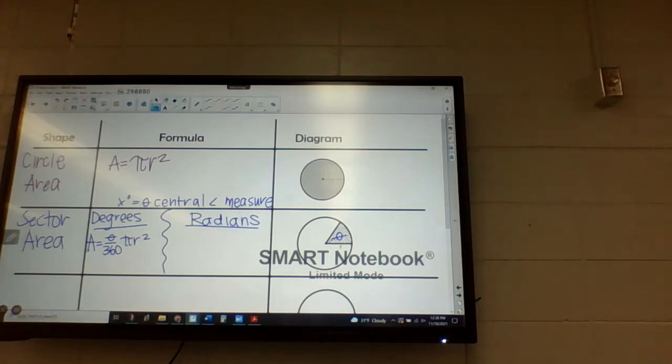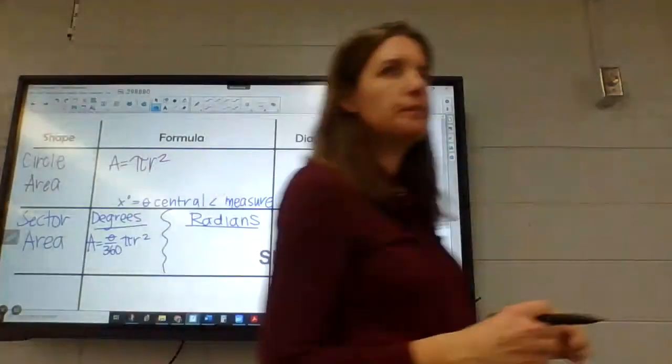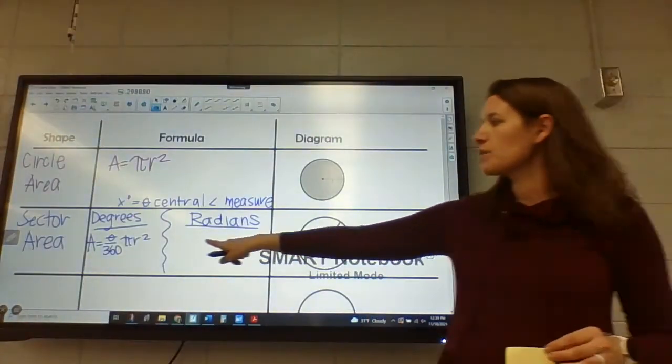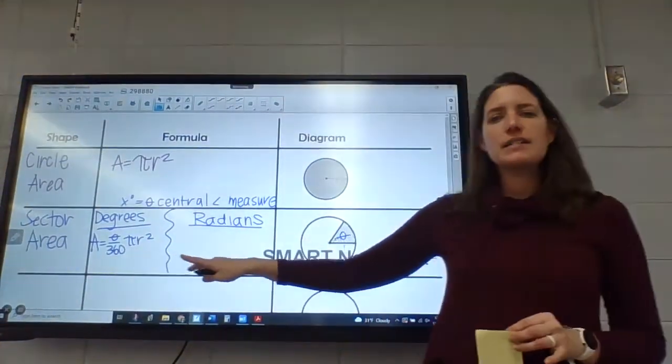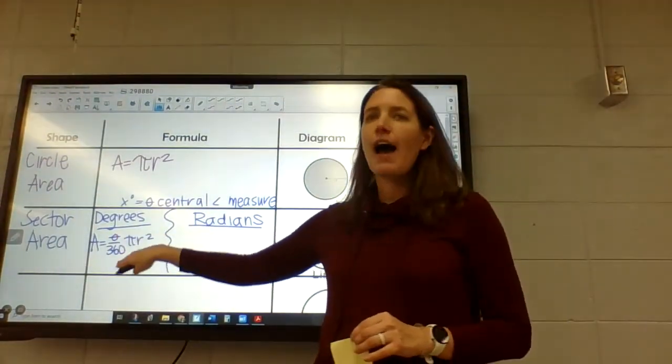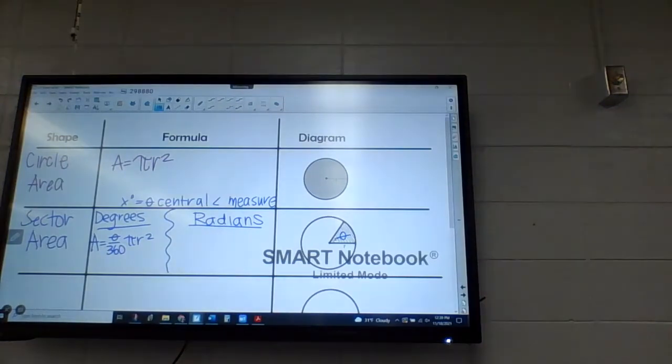Hopefully you're writing in pencil. This morning I was up reading my textbook for pre-calculus and it was the wrong formula. Okay. All right. It's pi r squared. So what this is basically saying is how much of the whole circle this area is taking up.